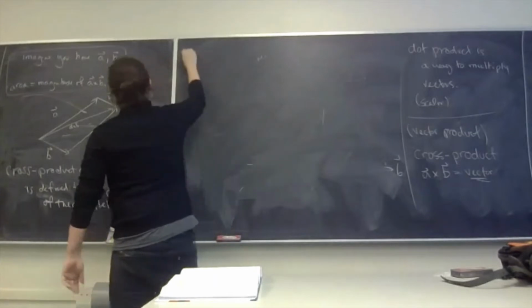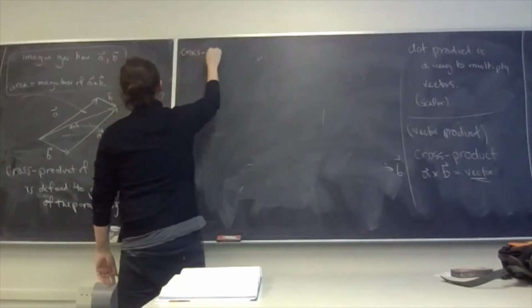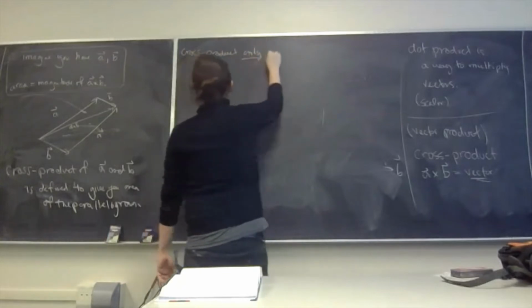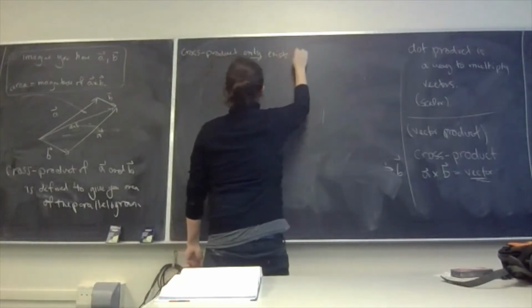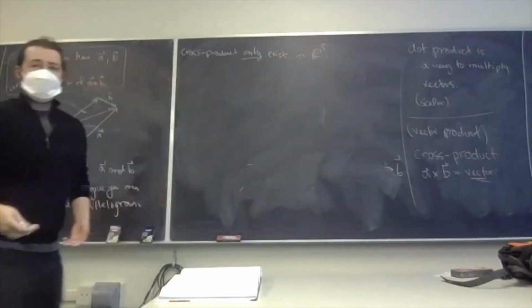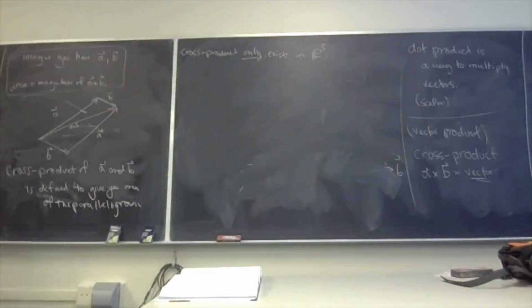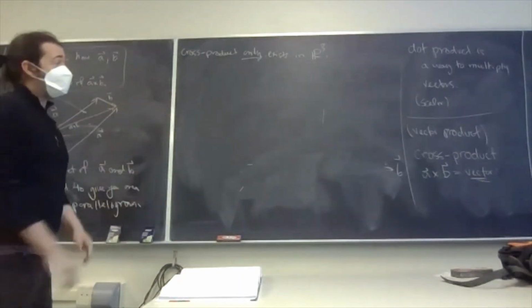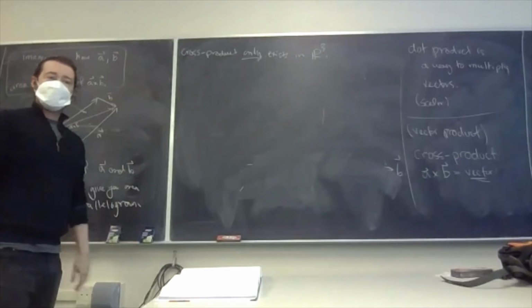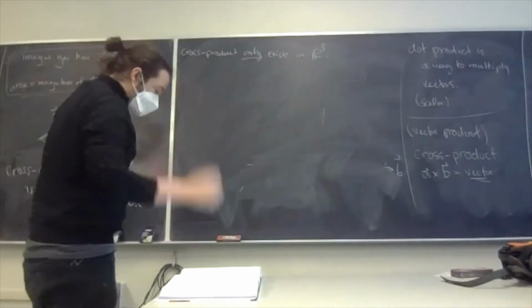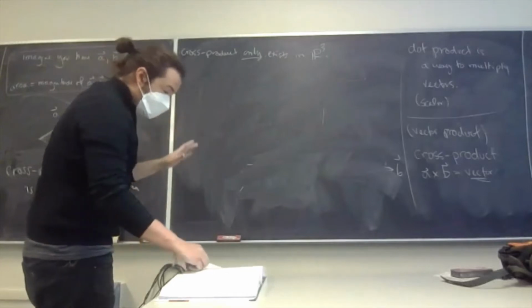Okay, so first rule, cross product only exists only for three-dimensional vectors. You might ask, is there some way I can make a beefier kind of thing like a cross product in higher dimensions? And the answer is yes, but it's really hard. Okay, so the cross product is a thing that happens only in 3 dimensions.